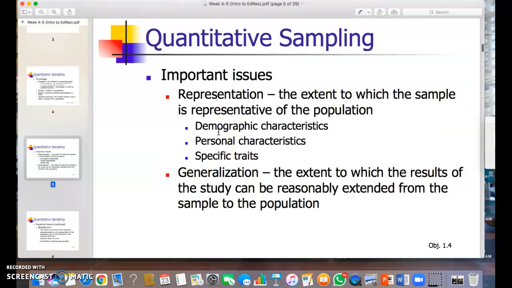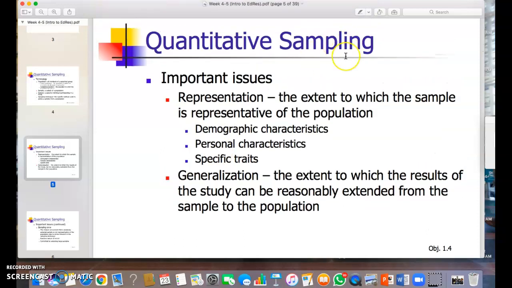And then we have quantitative sampling. In quantitative sampling, we have some important issues like representation and generalization. Representation is the extent to which the sample is representative of the population. It consists of three characteristics: demographic, personal, and specific traits.